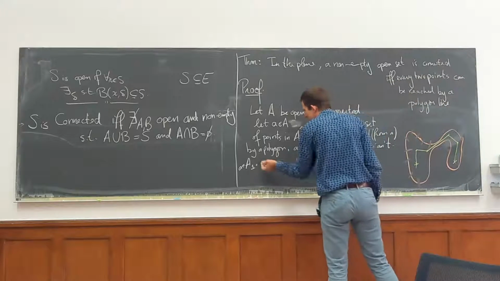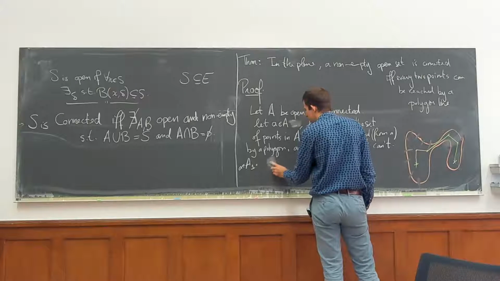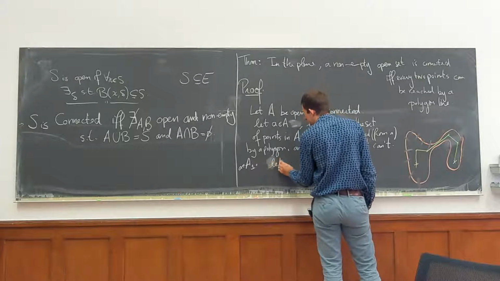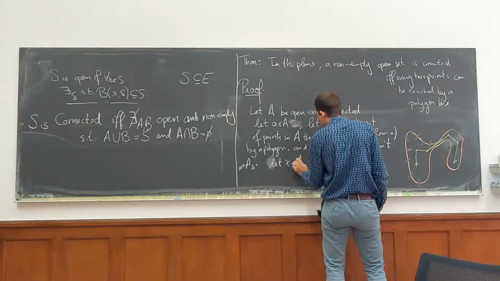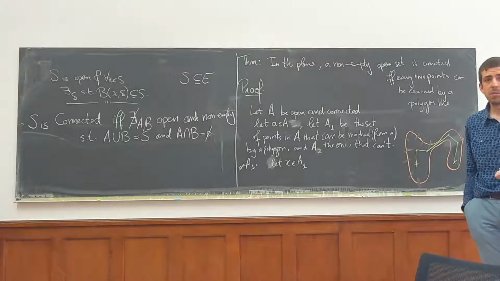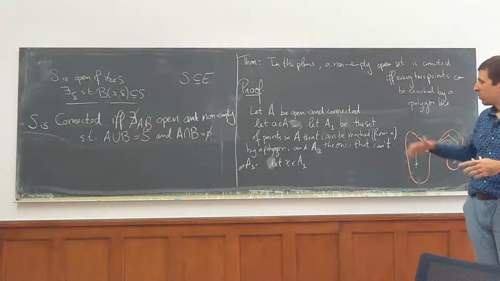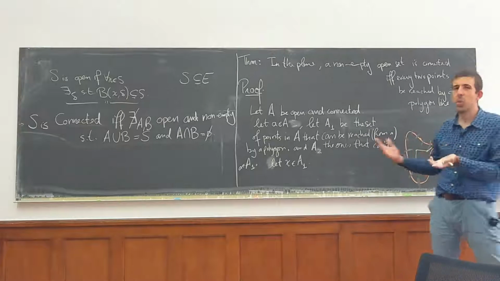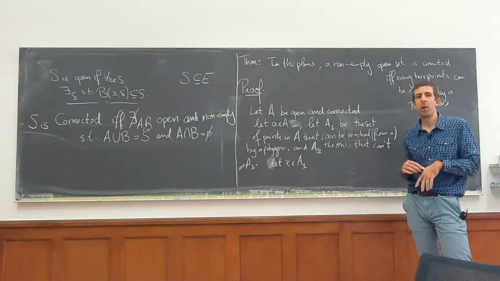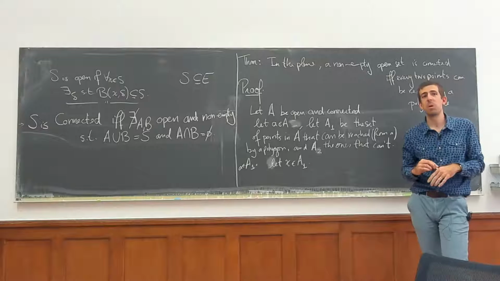Okay, first part of the proof: we're going to prove that A1 is open. Because if we prove that both of them are open, then because A is connected, one of them needs to be empty. Therefore A2 is empty, which means that A1 is everything, so everything can be reached by a polygon line.